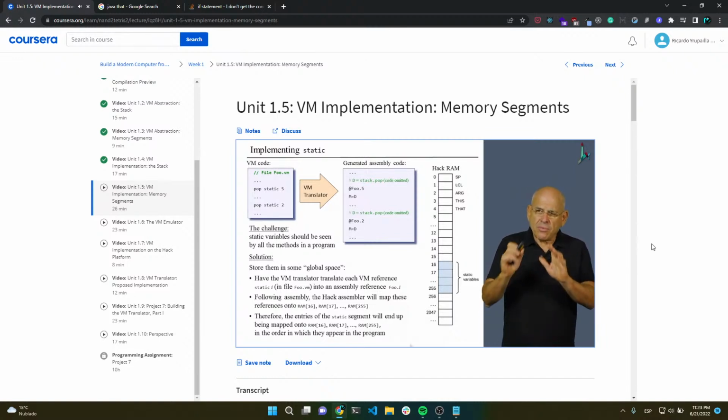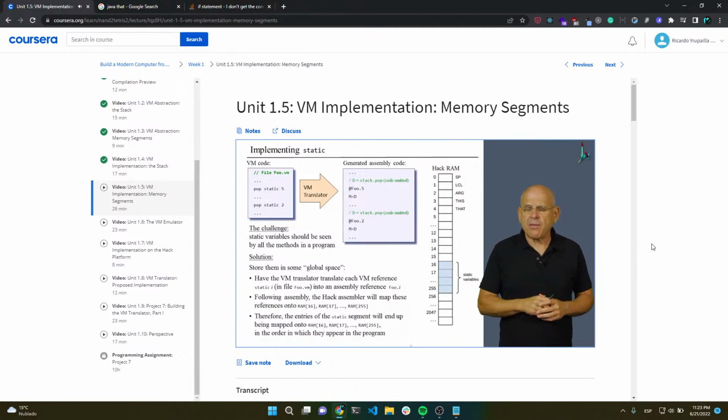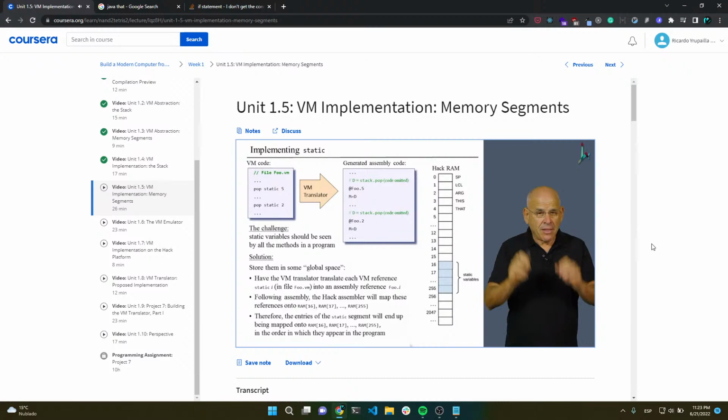And I'd like to make a general observation about this implementation here, and that is that up until this point, up until we discussed static variables, everything that I said in this module was completely platform agnostic.